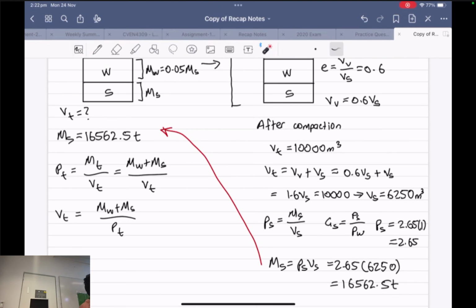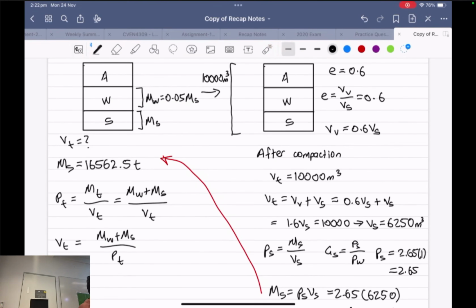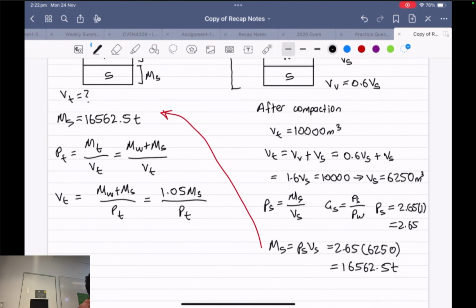So out of this, what do we know? We know rho T, we know mass of solid. Do we know mass of water? Yeah, how can we find mass of water? Exactly, so we have an expression here, right? We said that mass of water is 0.05 mass of solid. So this is pretty much equal to 1.05 mass of solid divided by rho T, which was 1.9.